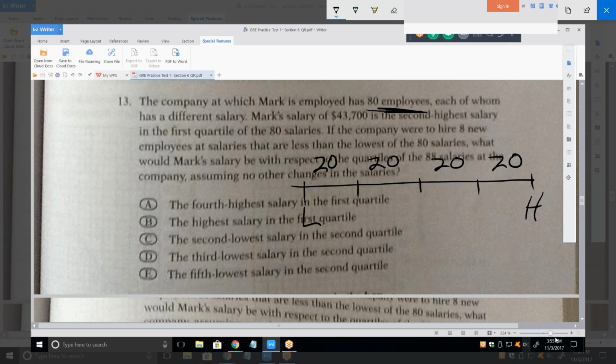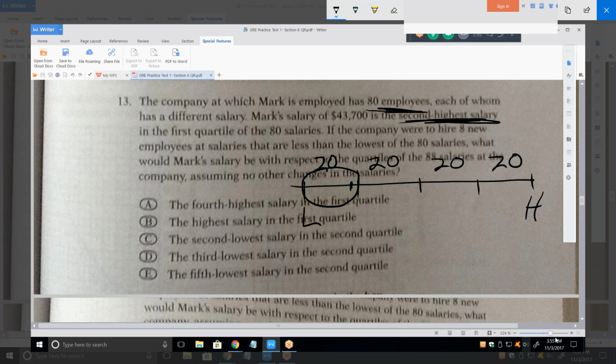So if Mark is the second highest in the first 20, what is he relative to the whole company, all 80 salaries? He's 19th. He's the second highest salary in the first 20.